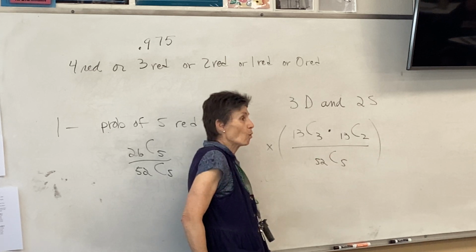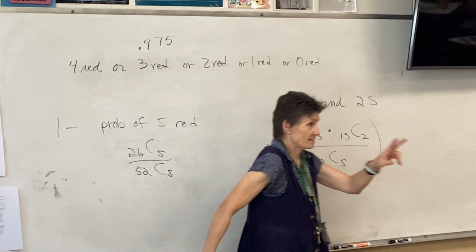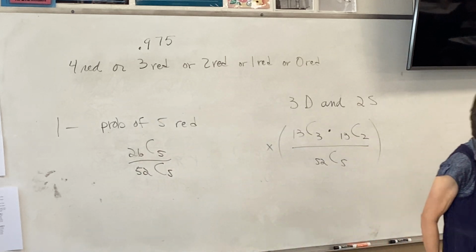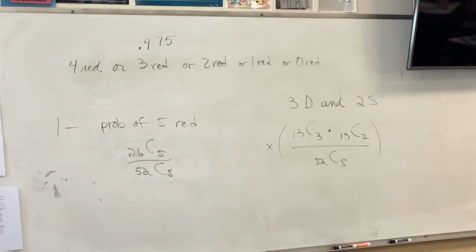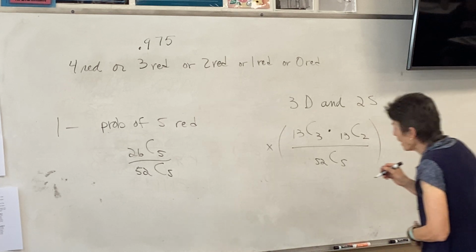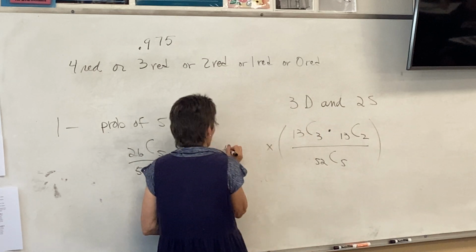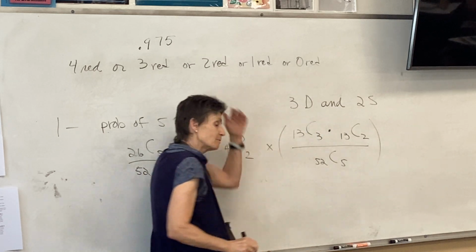Does the order you pick them matter? Yes. Because it's 3 and 2. If I were picking 3 and 3, the order wouldn't matter. But since I'm picking 3 of the first one and 2 of the second one, the order matters, so it's 4P2.